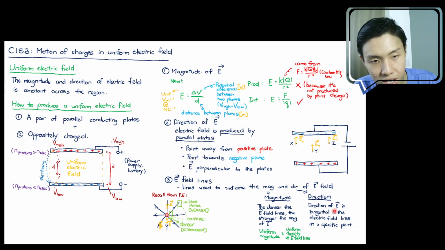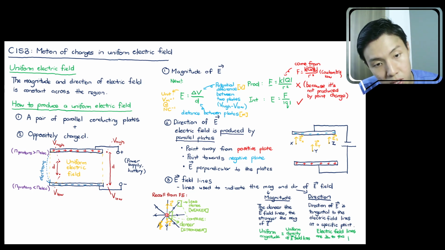Okay, how about direction? The direction is talking about tangential to the electric field line, right? We usually follow the direction of the electric field line tangential to it. So we know that the electric field is perpendicular to the plate. Therefore, we can say that the electric field line should also be perpendicular to the plates.